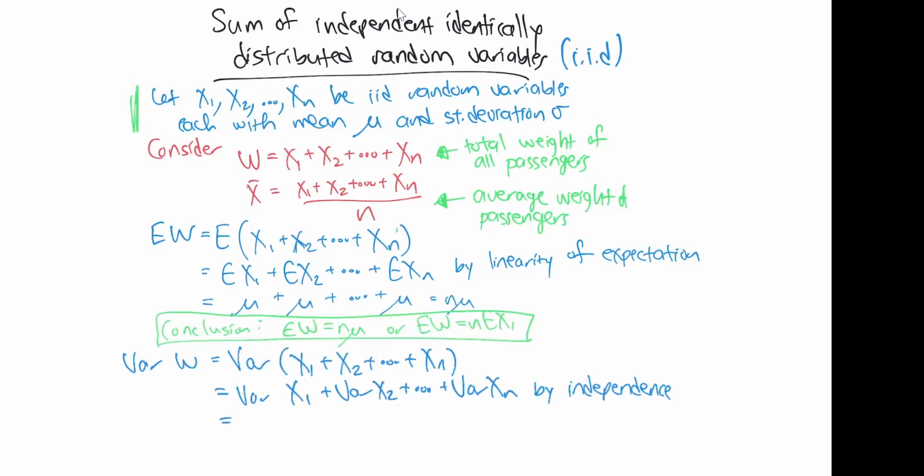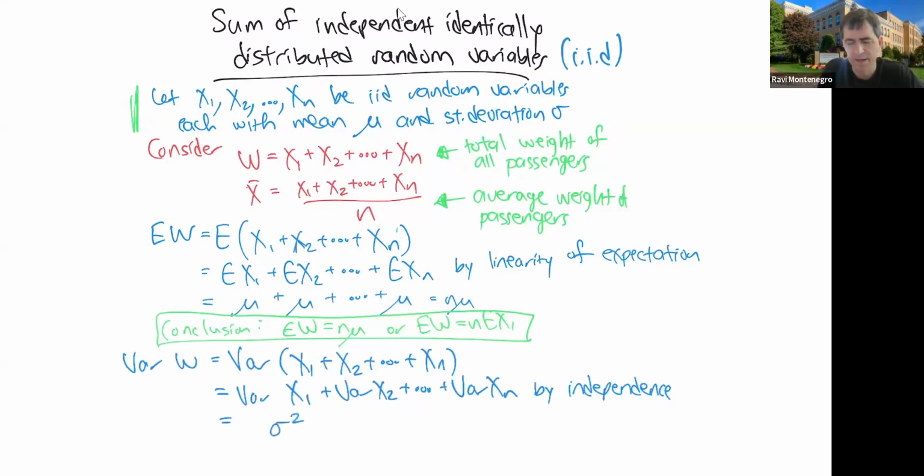Would doing it with the standard deviation squared thing work? Okay, correct. Yeah, so variance is the square of standard deviation, and we just have this repeated. There were n of those terms, so this would be n times sigma squared.